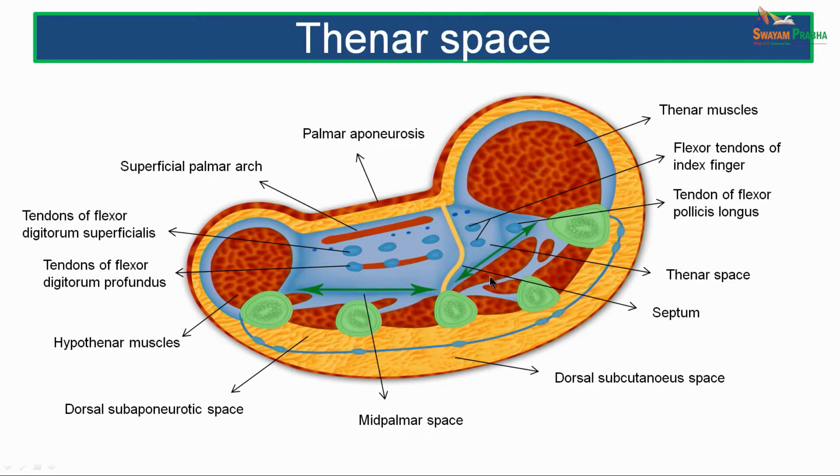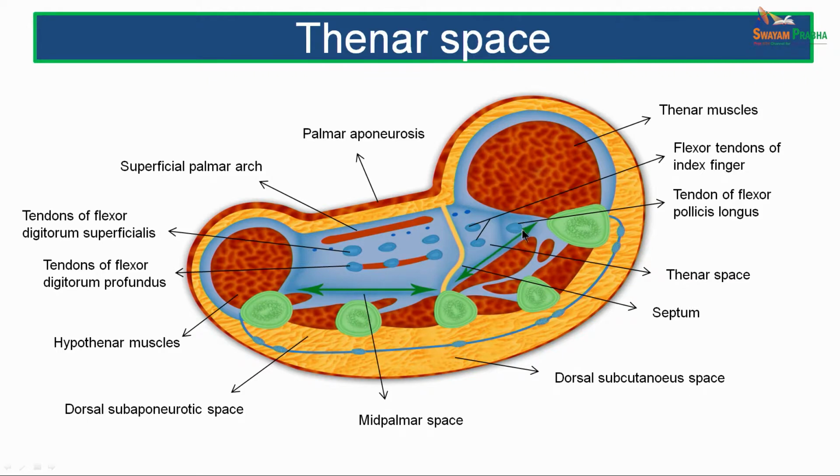Also by the transverse head of the adductor pollicis muscle. It is bounded laterally by the lateral septum which separates it from the thenar space. It is bounded medially by the intermediate septum which separates it from the mid palmar space. Also seen here are the contents of the thenar space.